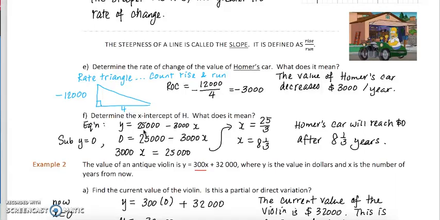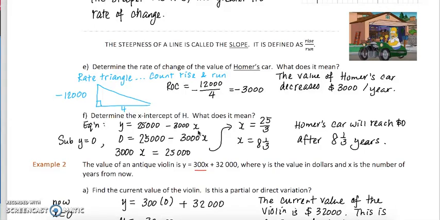So here we start at 25,000 as the y-intercept. And then every year, the car decreases its value by $3,000. So putting this together, we have y equals 25,000 minus 3,000 times x.